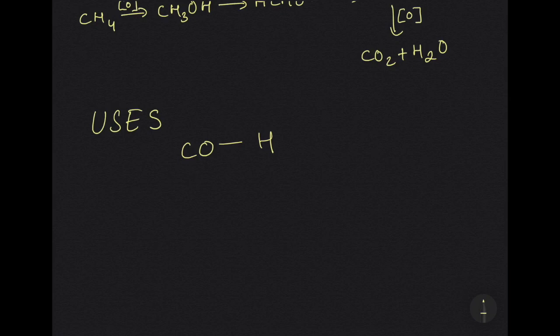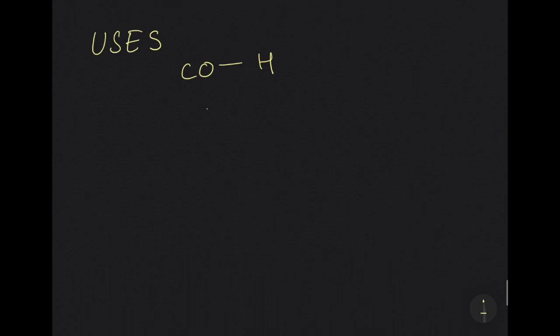And earlier, chloroform was used as anesthesia, but since its higher dose could kill people, nowadays it is halothane, that is CF3CHBrCl. This is used as the anesthesia these days, halothane, and methane is also used as domestic fuel.